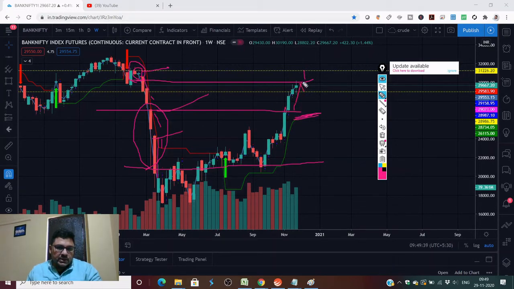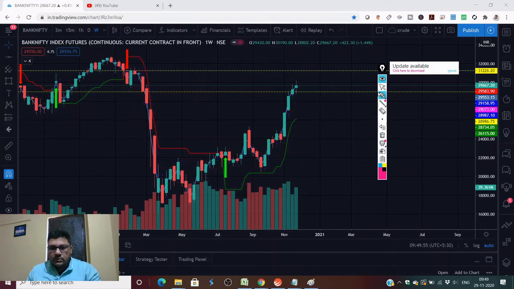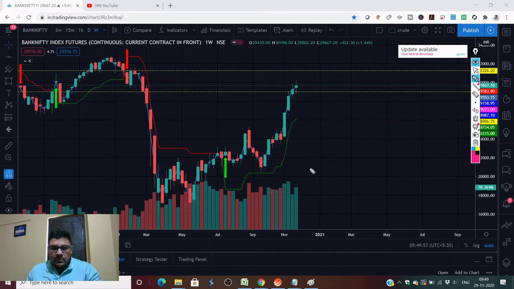And then it reached the next level, which is again a selling zone. If this level is taken out, then this is another level. So this has to be taken out for it to form a new high. Market always moves in a fashion: it always makes an uptrend like this, and a downtrend like this.